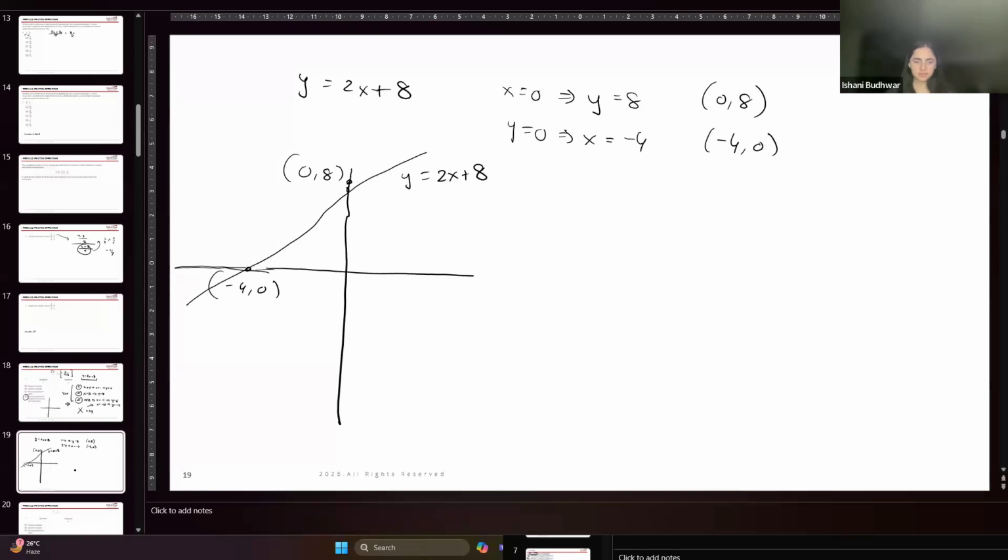So can I say that this point, where it meets the x-axis, is where you need to be careful?